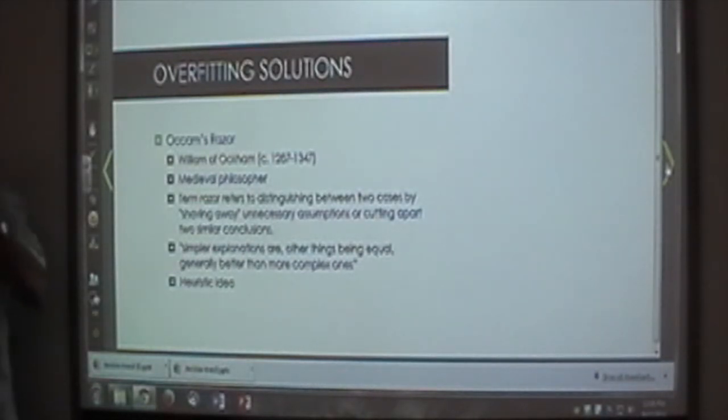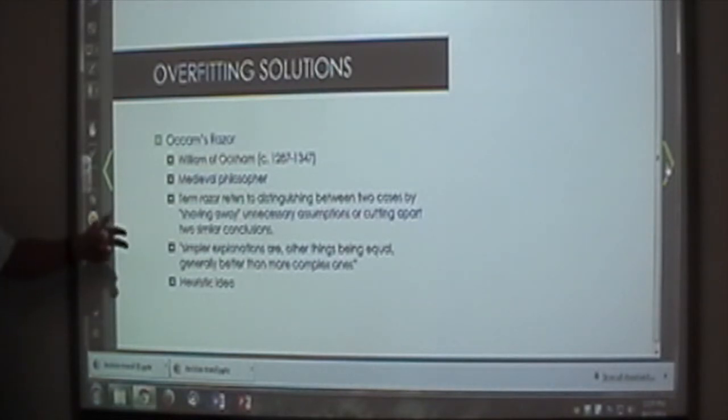Occam's razor. It's named for William of Occam, circa 1287 to 1347. He was a medieval philosopher. And the idea of the razor, the term razor, relates to distinguishing between two different cases by shaving away unnecessary assumptions, or cutting apart two similar conclusions.